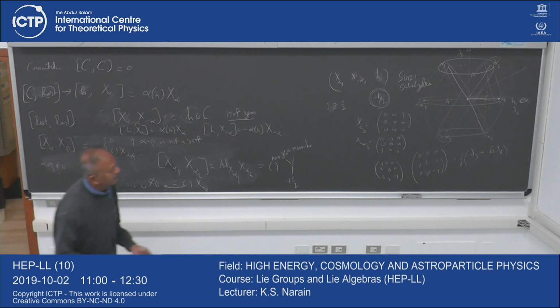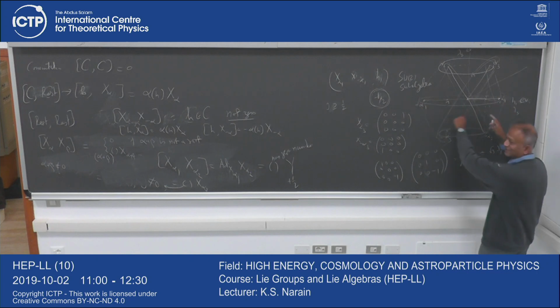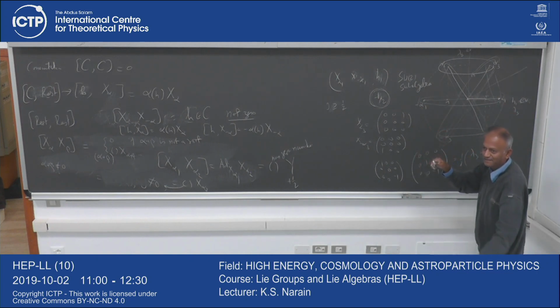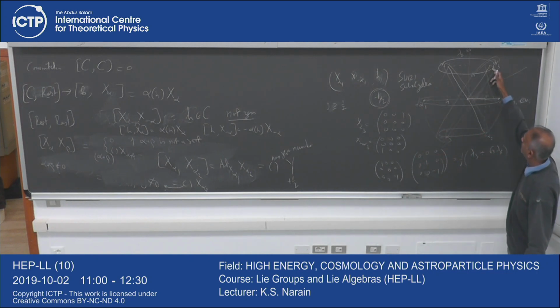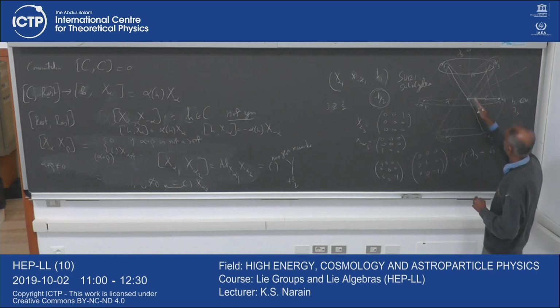Of course, this and this guy both will correspond to the same SU2 subalgebra. Similarly, the positive and the corresponding negative root will be part of the raising and lowering operators of that SU2 subalgebra. So, yeah, this is the general pattern. Our strategy will be to look at these different SU2 subalgebras.